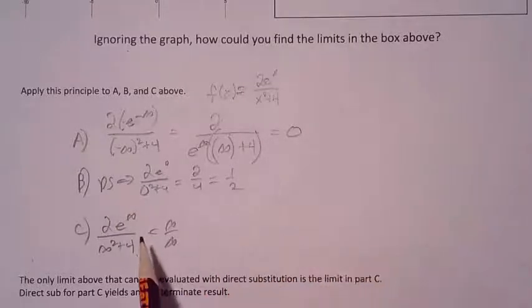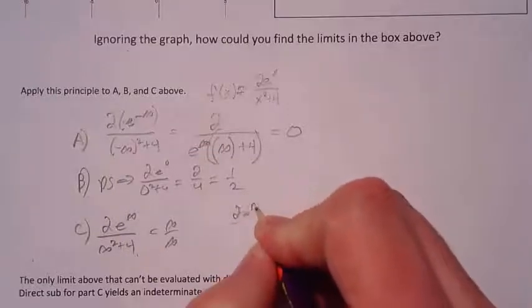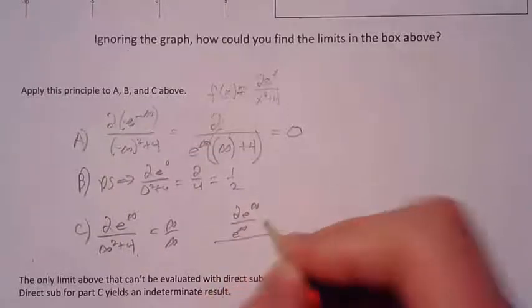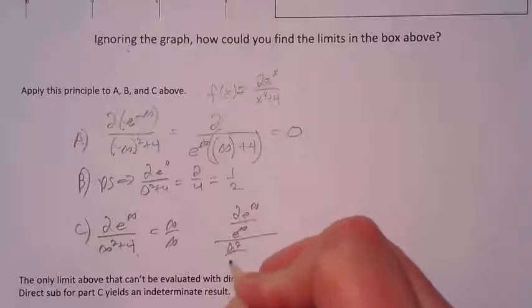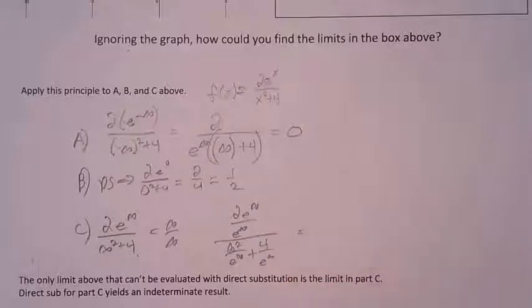We could, for instance, divide every term in this problem by the greatest powered term in the problem, which would be e to the infinity. So I'm going to divide everything by e to the infinity. We would get 2 on top.